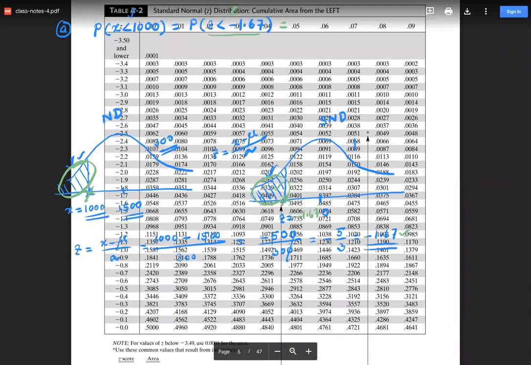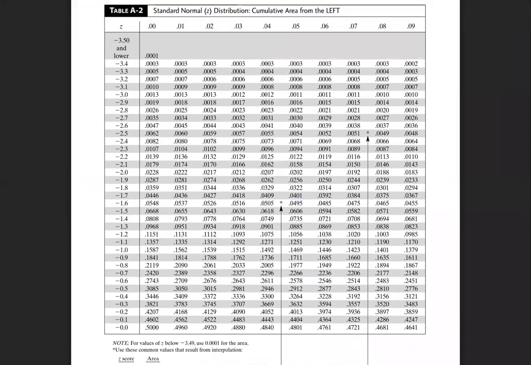Let me just clean it up for a second. Negative 1.67, negative 1.6 right here. Then if we go all the way up to here, so if we keep going right here, 0.0475. That's what the value is going to be. The area to the left is 0.0475.